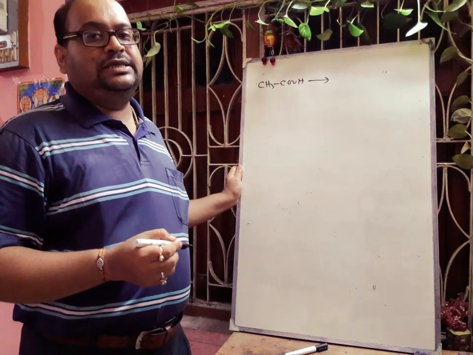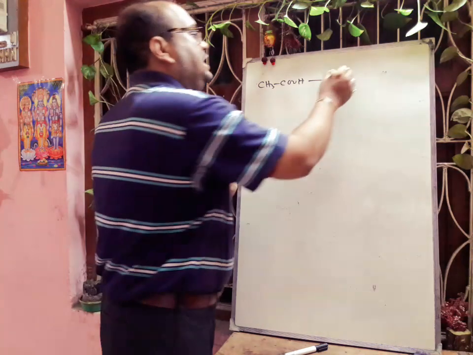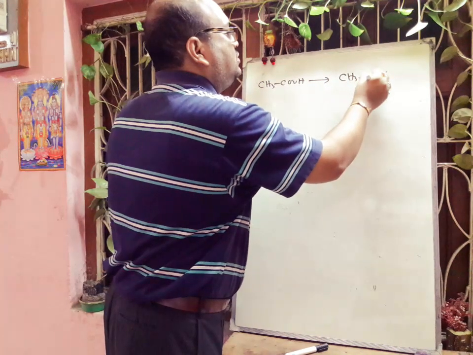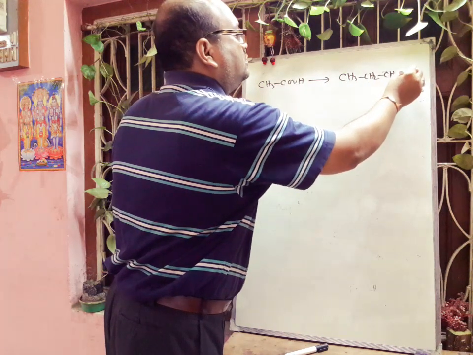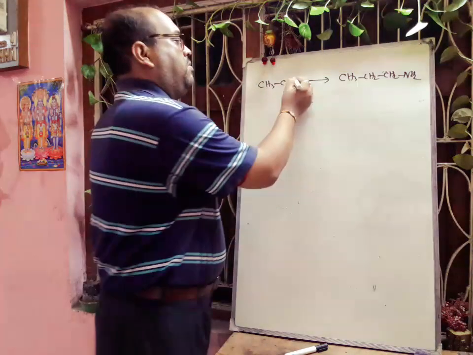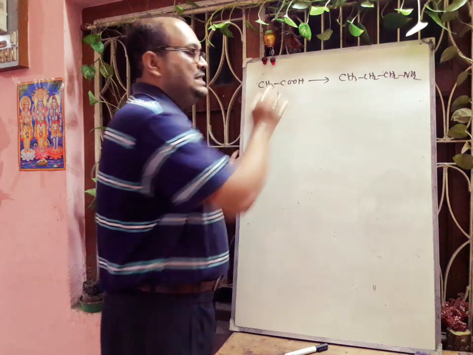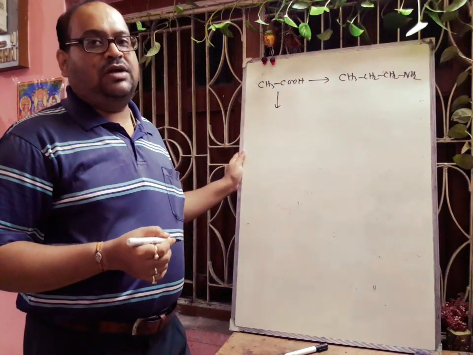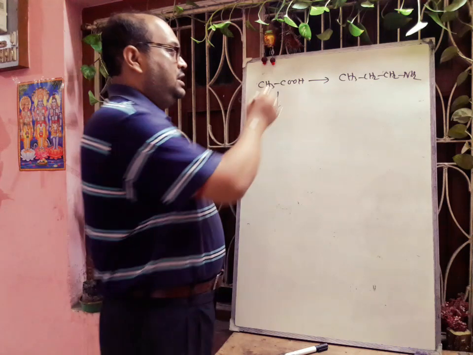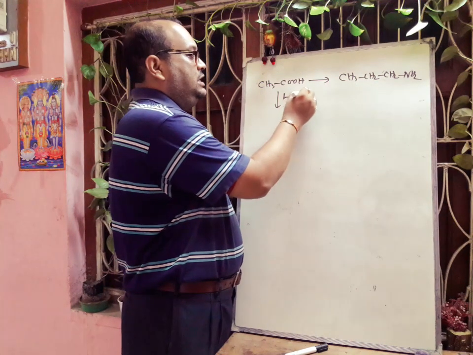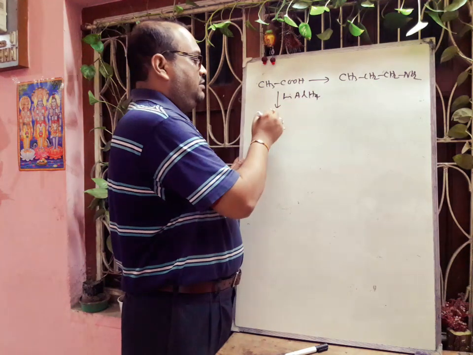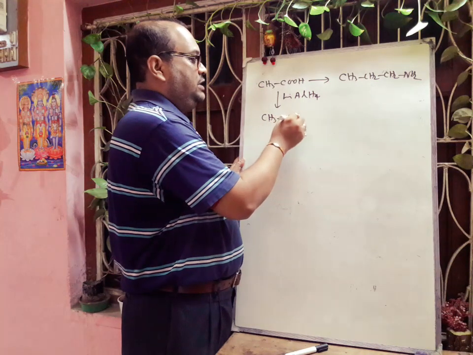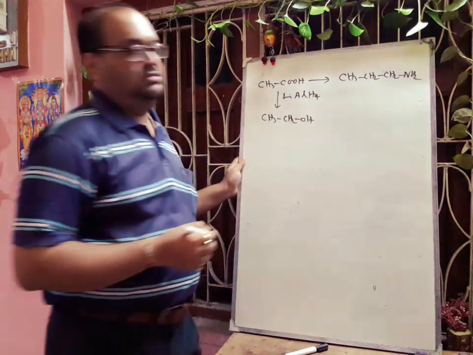Our target is n-propylamine, that is CH3CH2CH2NH2. Now from acetic acid we will start. First what to do? We have to reduce this acid to alcohol. We are using lithium aluminum hydride, that will produce CH3CH2OH, ethyl alcohol.